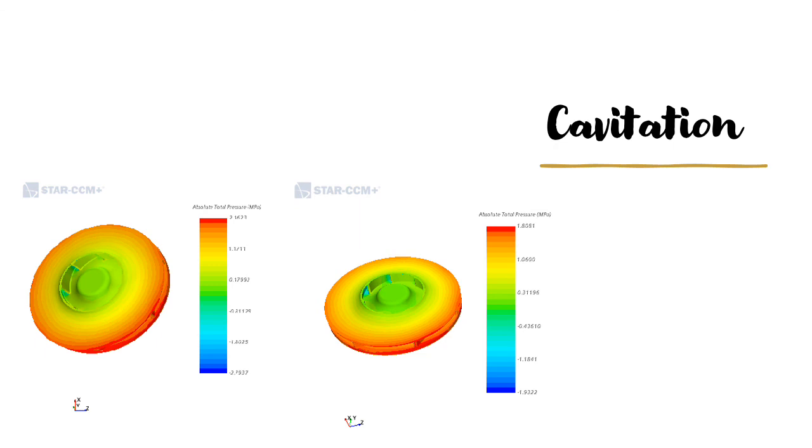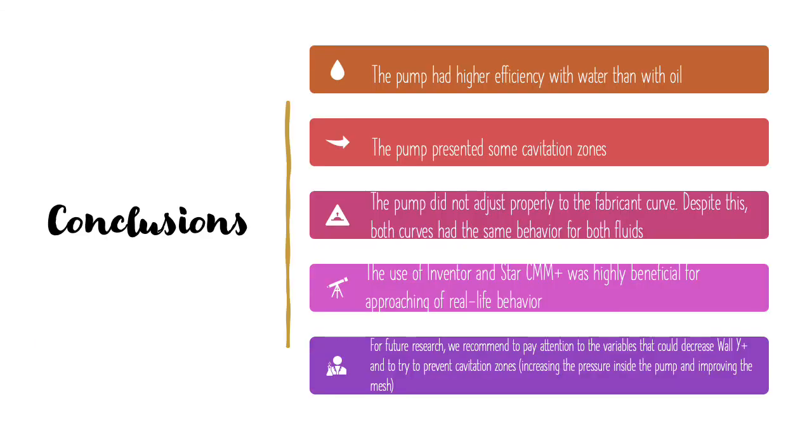It indicates that the pump presents cavitation for both fluids, so they will evaporate and create bubbles inside the pump. The negative pressure reports imply failures in the mesh and in the simulation, so despite this imprecision, those reports were taken as potential cavitation zones.